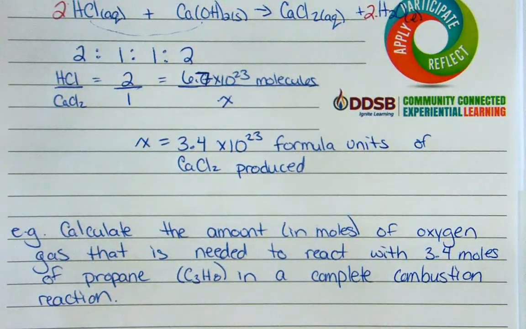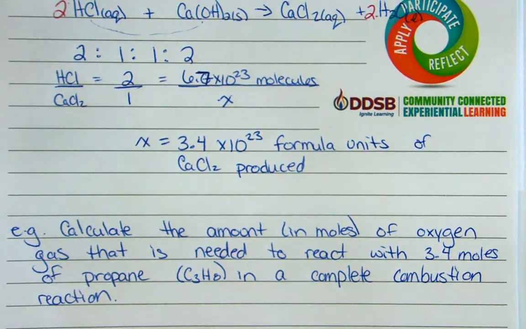Please calculate the amount, we're going to switch to moles this time, of oxygen gas that's needed to react with 3.4 moles of propane in a complete combustion reaction. Press pause, write out this combustion reaction for me.